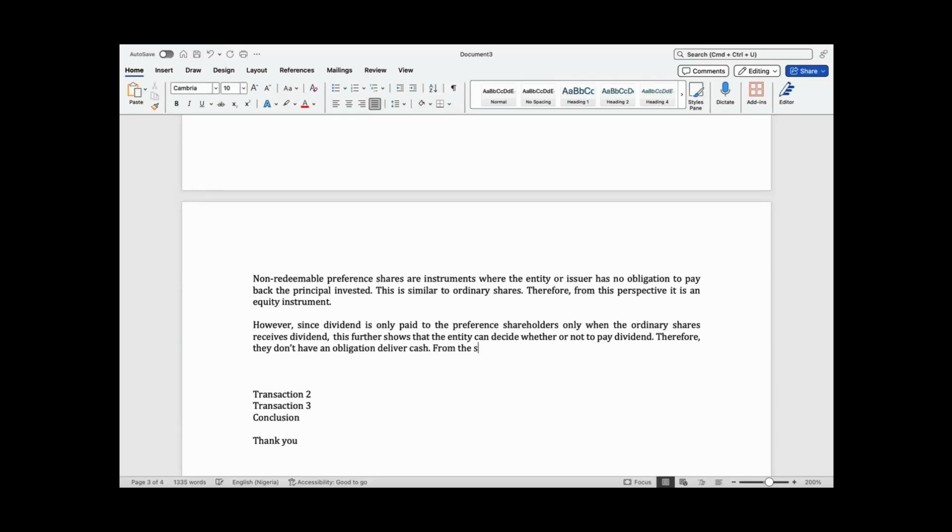So from the standpoint of dividend payments, the non-redeemable preference shares is an equity instrument.